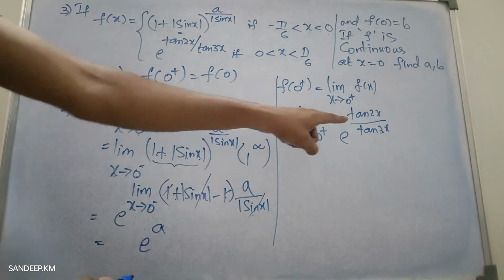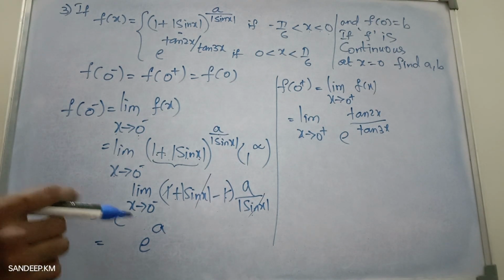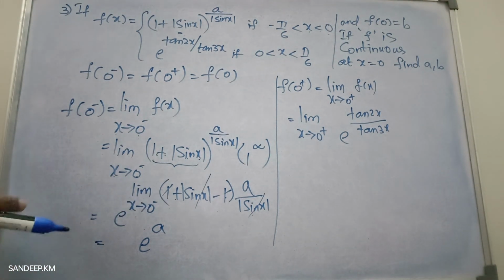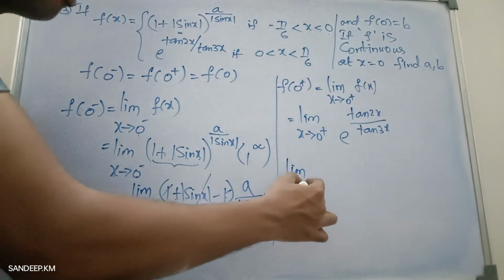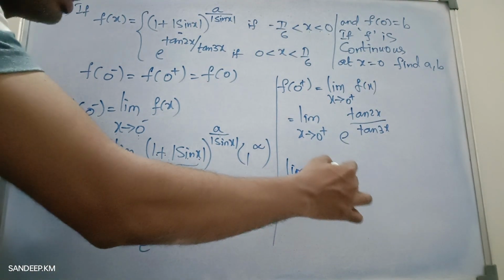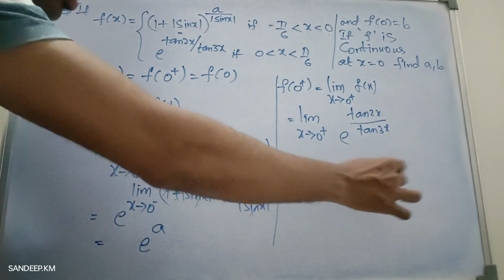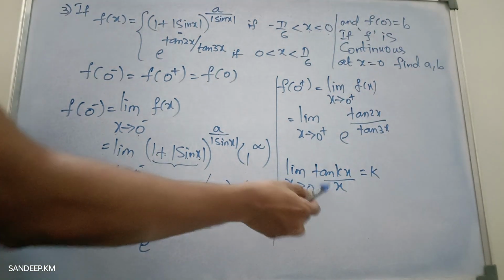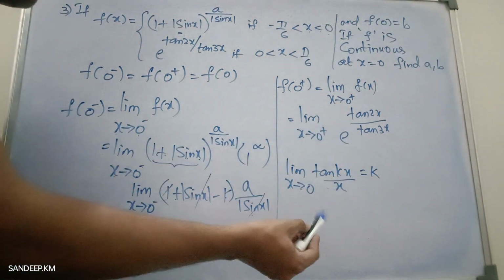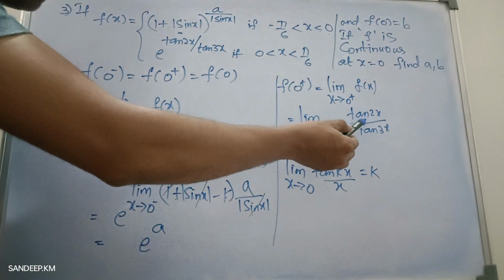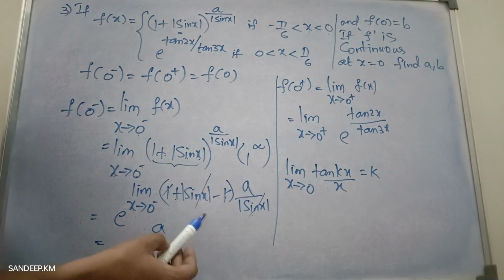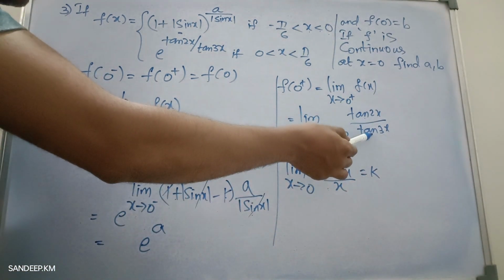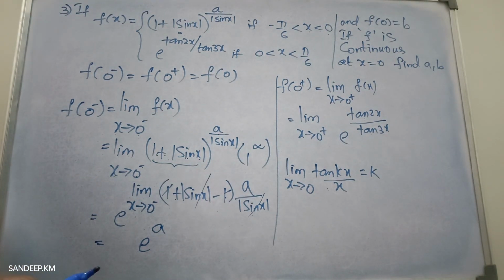Now if you observe this closely, do you remember the trigonometric limit which says that limit x approaches 0, tan kx by x is equal to k? I am going to use it. So if I want to use it, tan 2x denominator should be x and tan 3x denominator also should be x. So for this reason, divide the numerator and denominator with x.